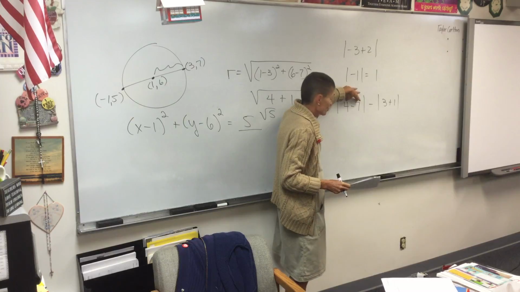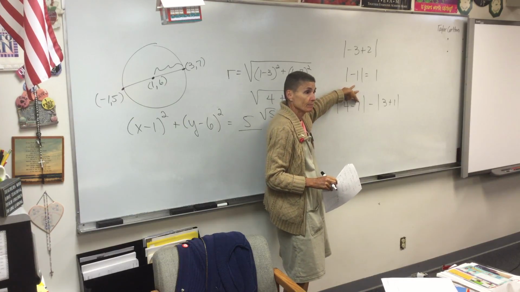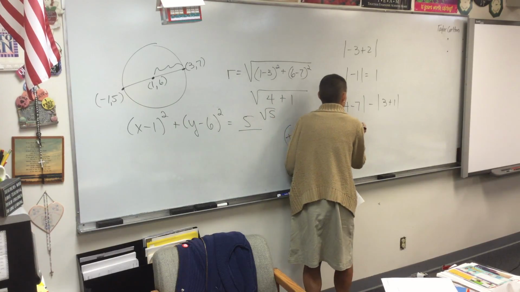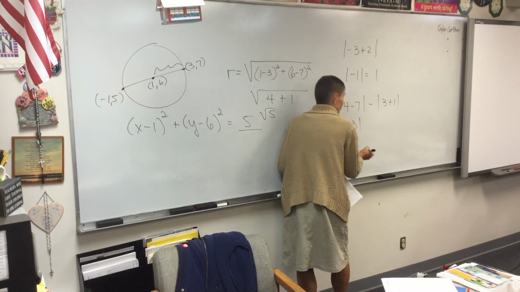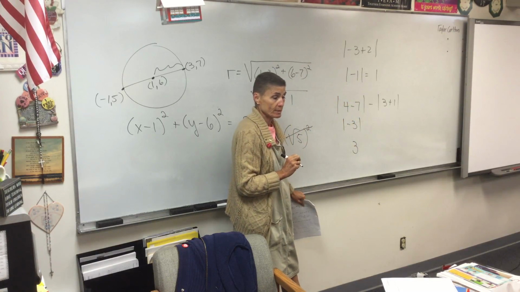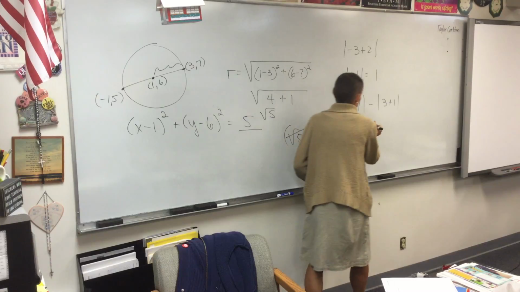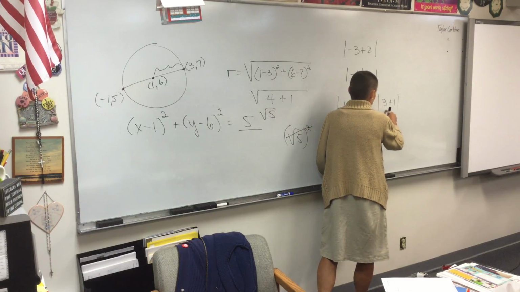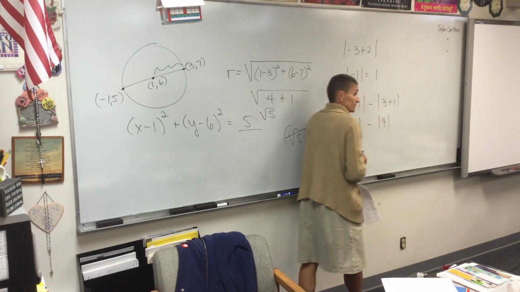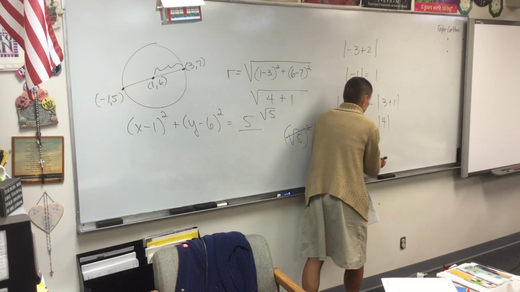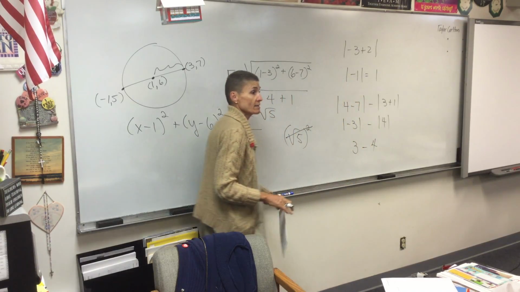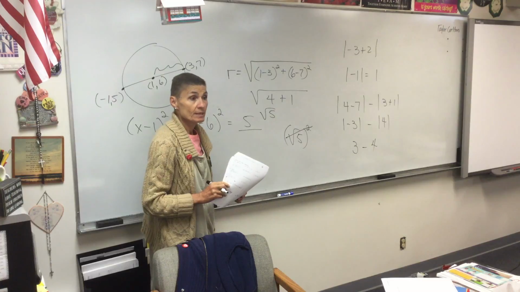Work it out first. What's 4 minus 7? -3. But the absolute value will be 3. Work it out. 4. And the absolute value is 4. So the answer to the problem is -1.